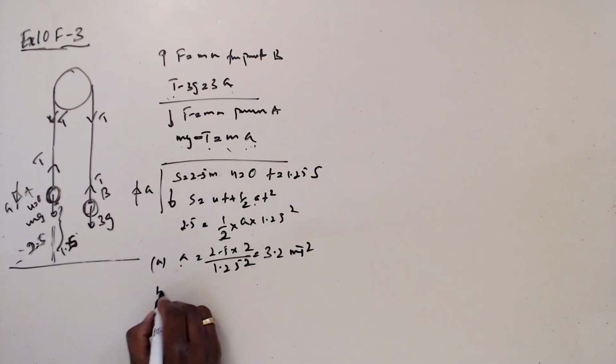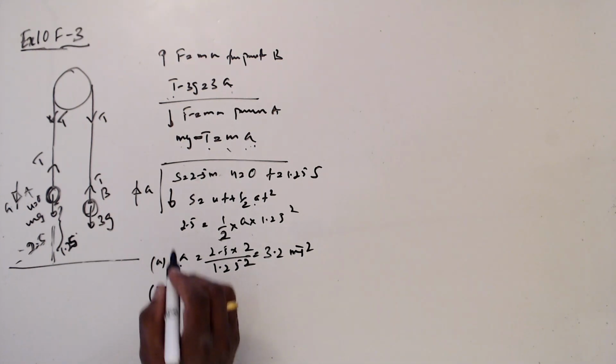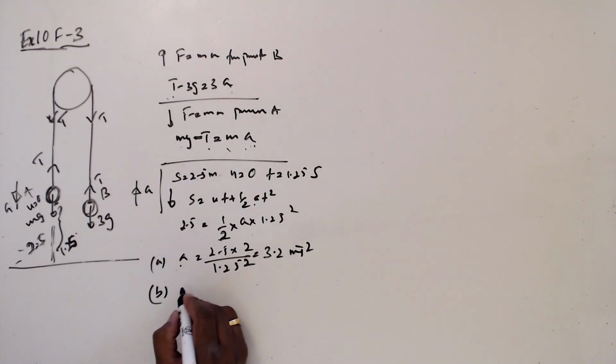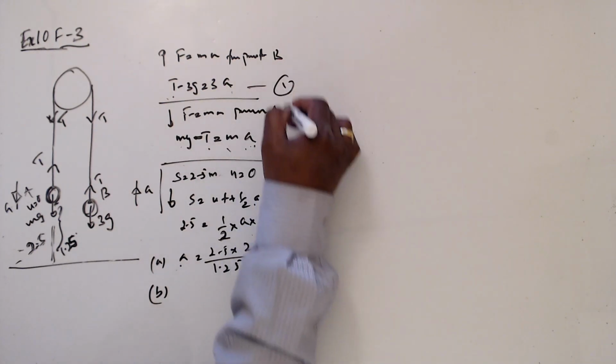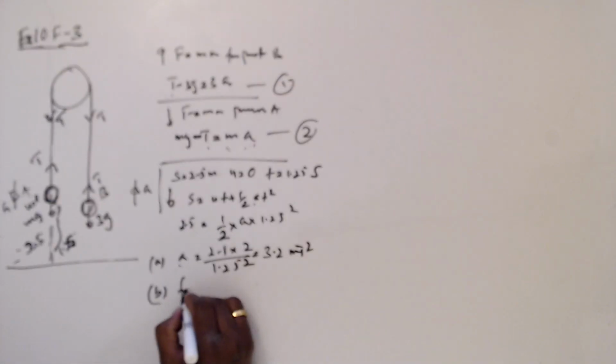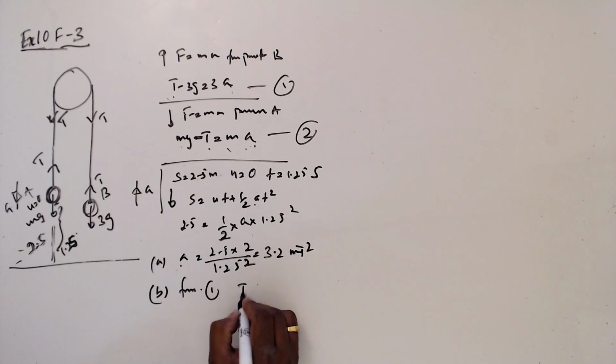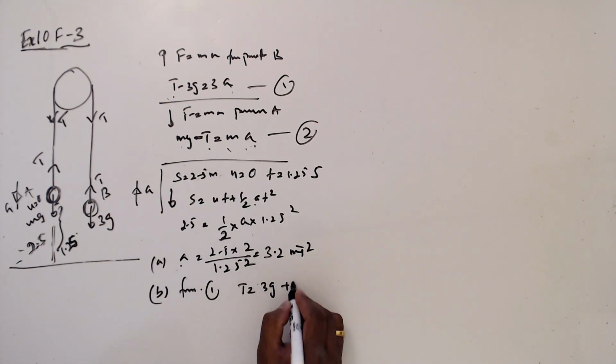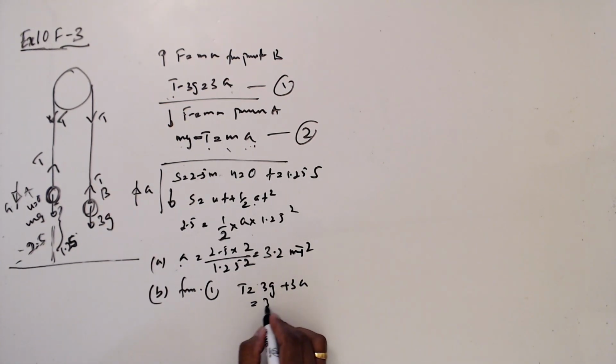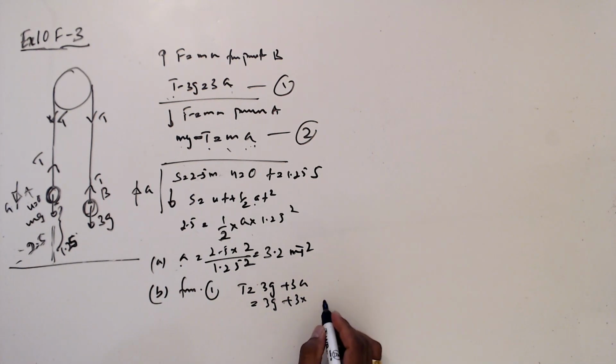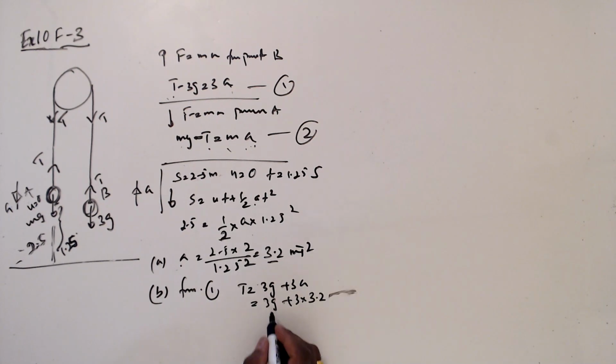Part B, we need to find the tension. So we can find the tension from here, equation 2 from 1. T equal 3g plus 3a. So 3g plus 3 times a, which is 3.2. So this g is 9.8.